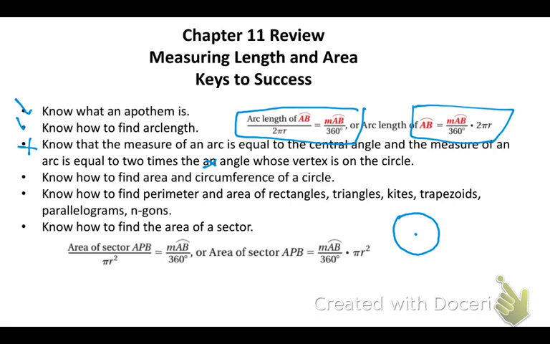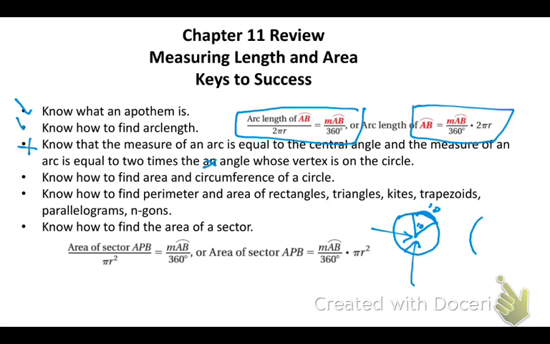When you have two lines out from the middle, so you have an arc here, the measure of this arc is going to be the same as the measure of this angle. So if this angle is 10 degrees, then this arc is going to be 10 degrees. That's because the vertex of that angle is in the center of the circle.